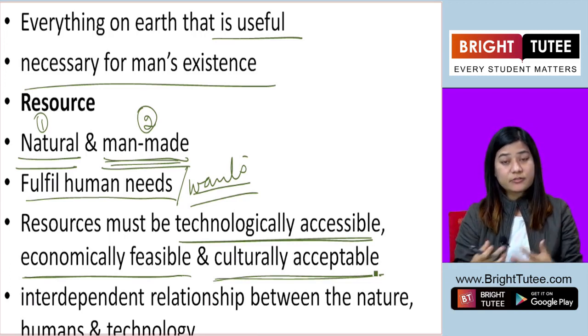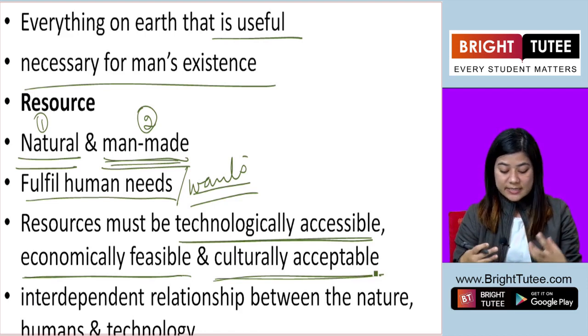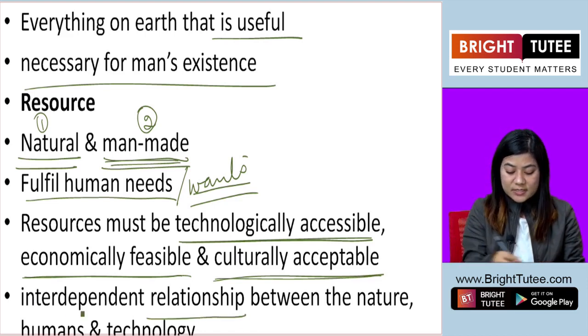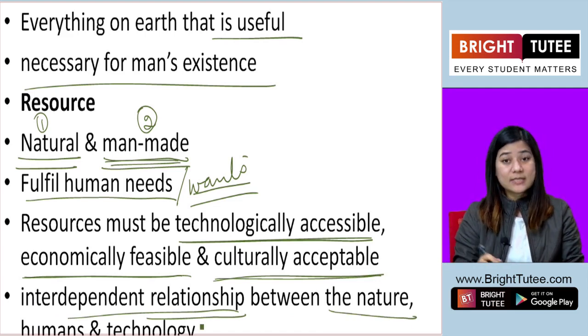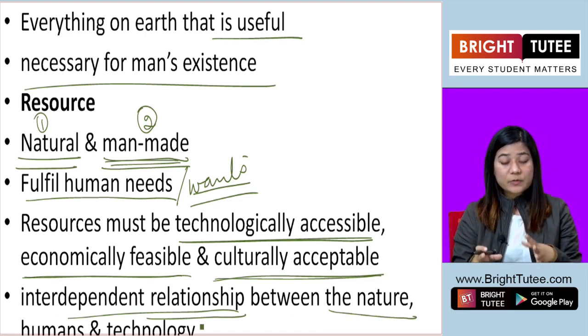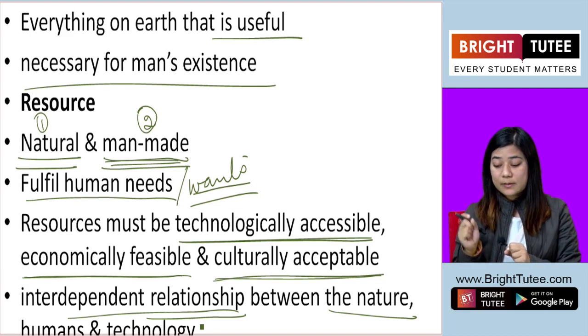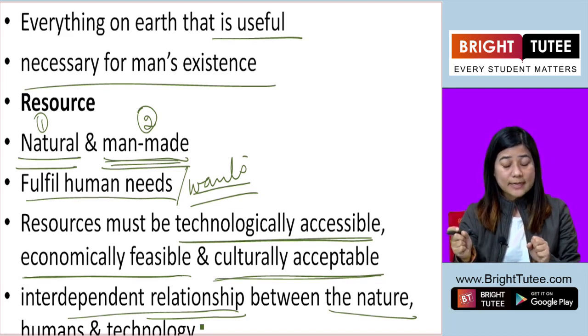Now, resources have an interdependent relationship between nature, human and technology, right? So we said that resources need to be technologically accessible, economically feasible and culturally acceptable.